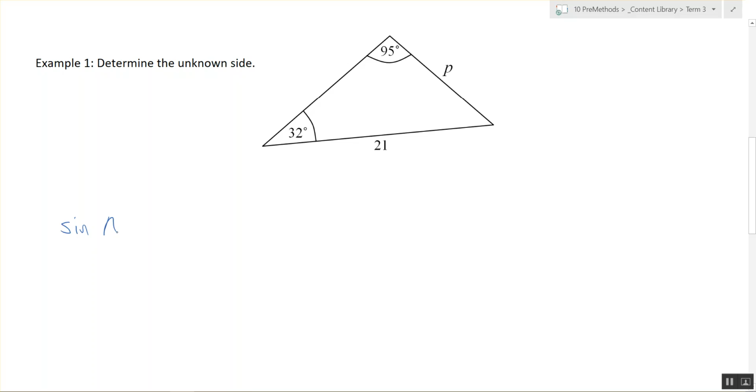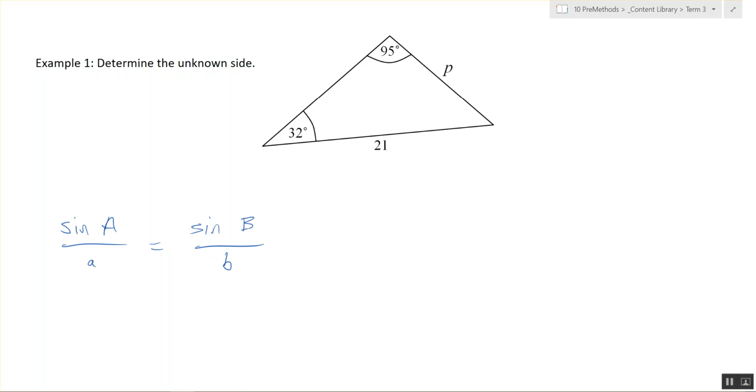So the sine rule looks like this. The capital letters are the degrees, and the little letters are the sides, or the length of the side. So we pick one of them and substitute it in.